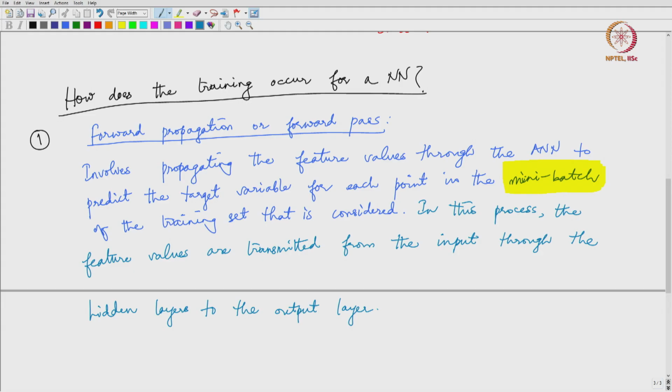Okay. So this is how you get all the target variable values.